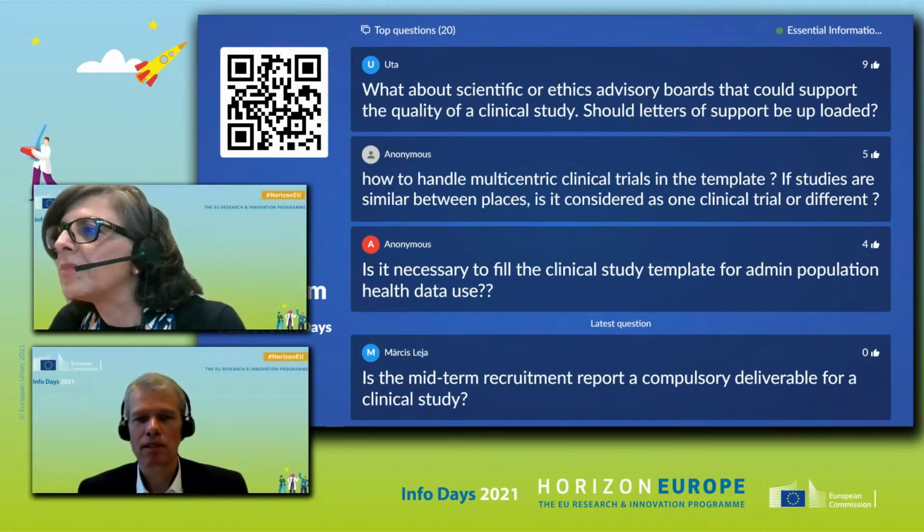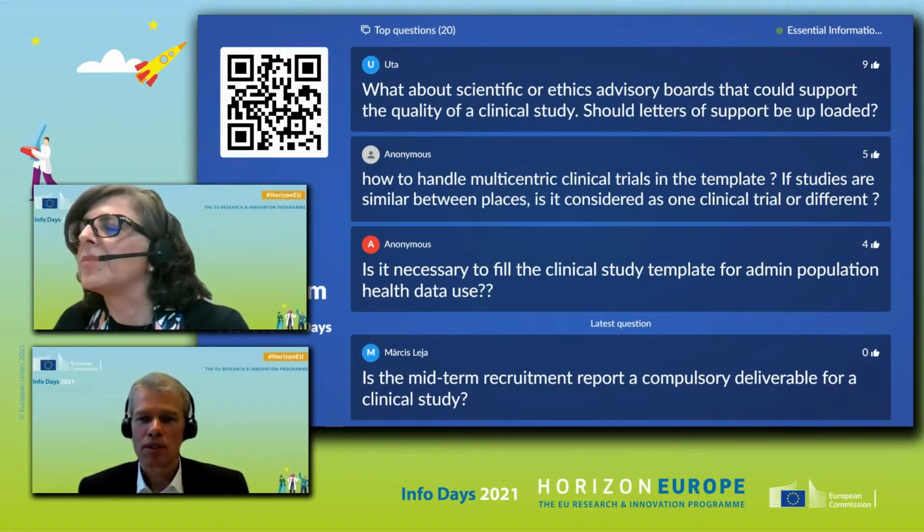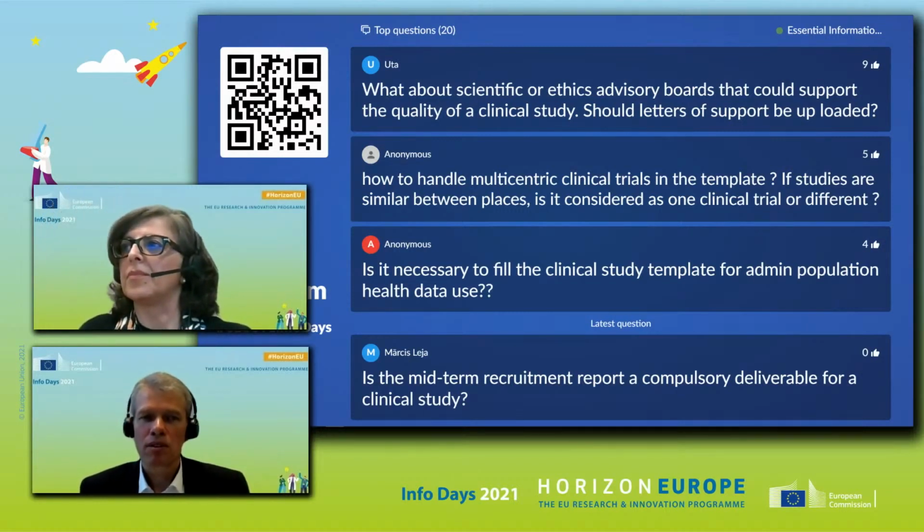The best that you can do is to integrate this information into the relevant sections, because the expert evaluators will look at these structured information and they will draw conclusions about the scoring of the overall excellence and efficiency of implementation for the clinical study part based on the template.